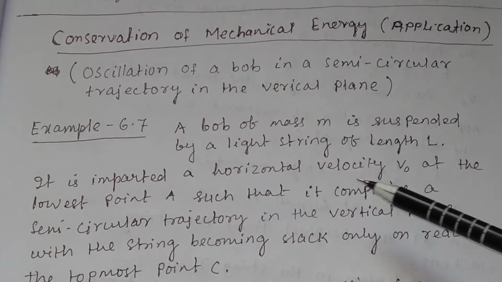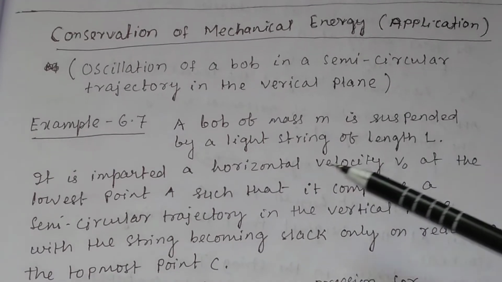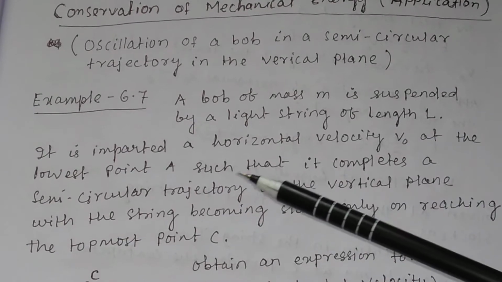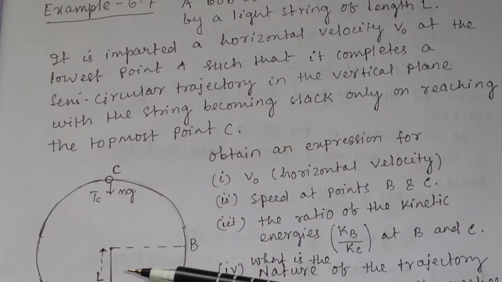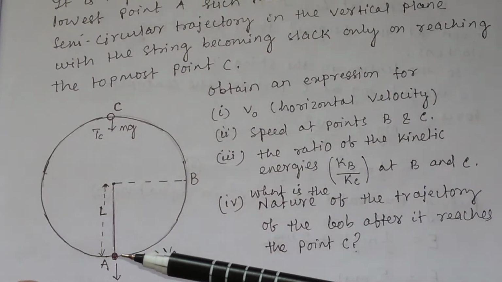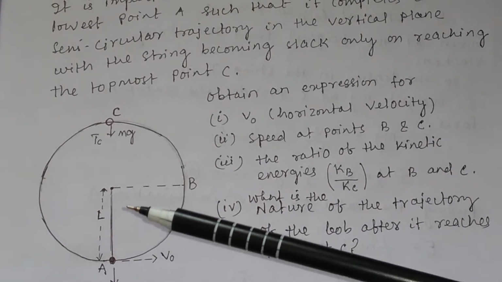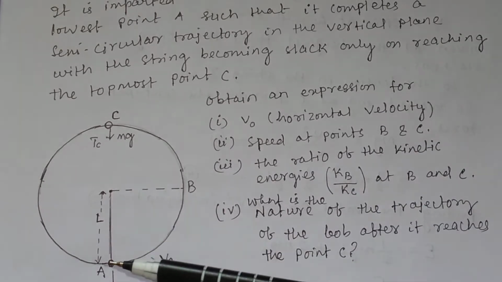A bulb of mass m is suspended by a light string of length L. You see, this is a bulb, and the mass of the bulb is suppose m, and it is suspended by means of a light string.